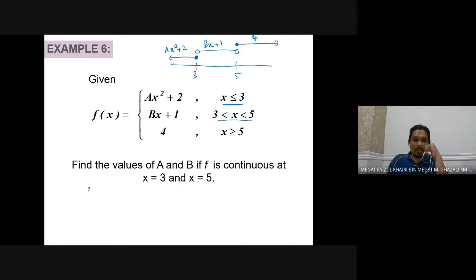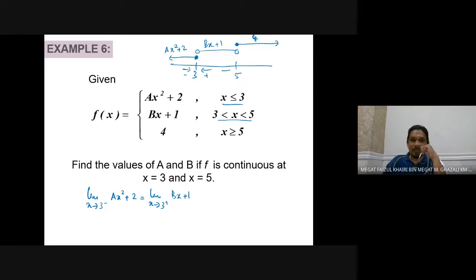So the limit as x approaches 3 from the left, which is ax squared plus 2, equal to the limit as x approaches 3 from the right, and it is bx plus 1.